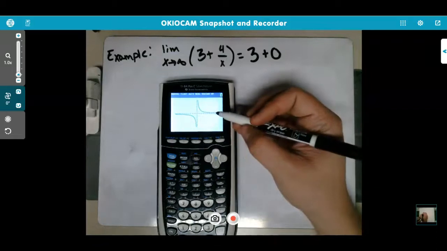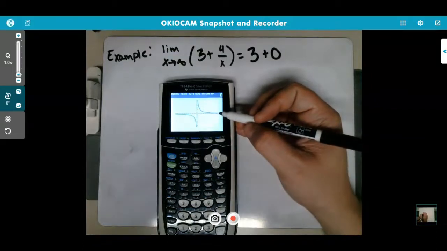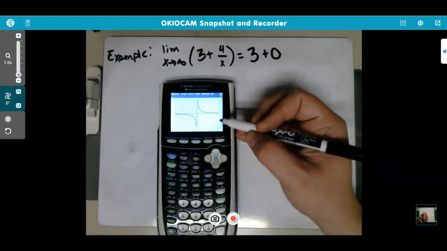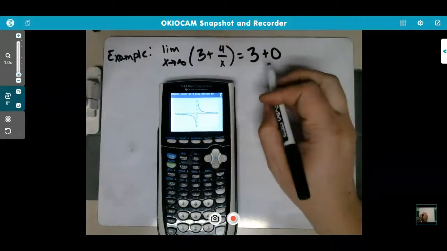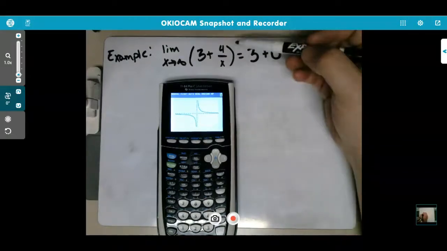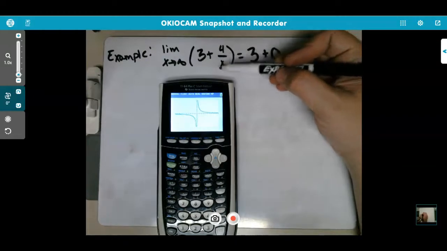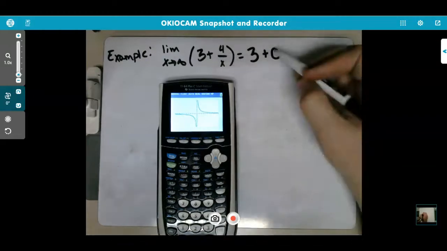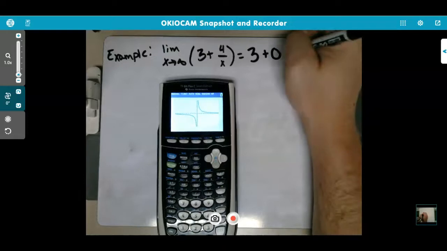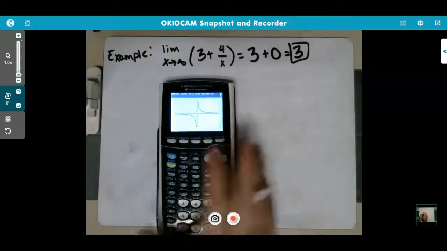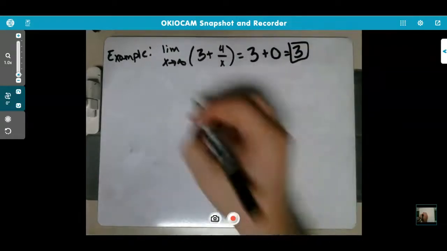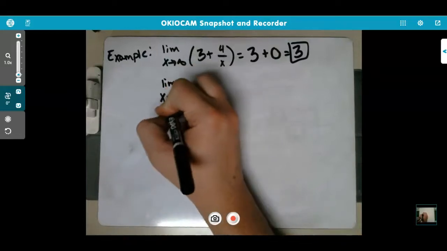Y is getting really close to 0, right? That's why I get this. Again, it's because if I do 4 over a thing that's really big, the whole thing is small. So I get 3. Let's take a look at negative infinity.